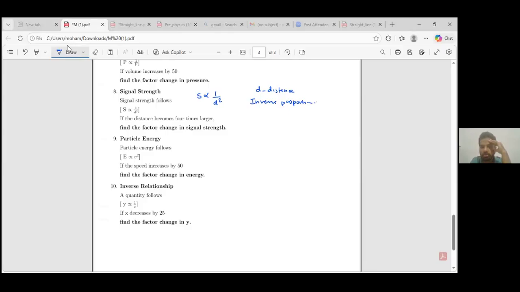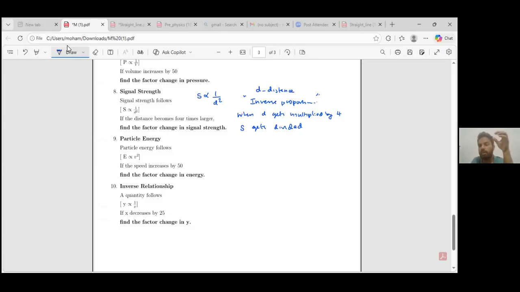Right? So you can see when d gets multiplied by 4, s gets divided, not multiplied here, because it's inverse proportionality. Hope you remember.